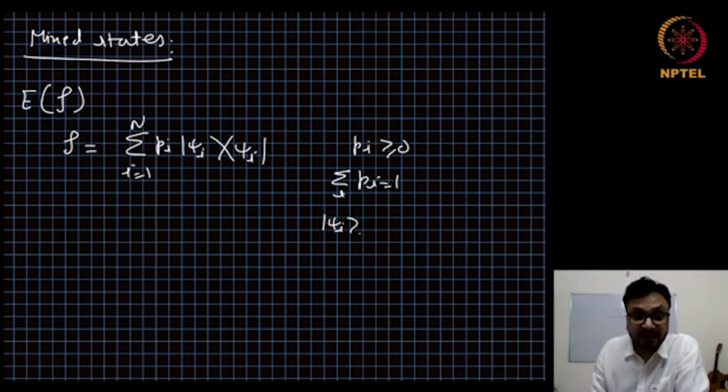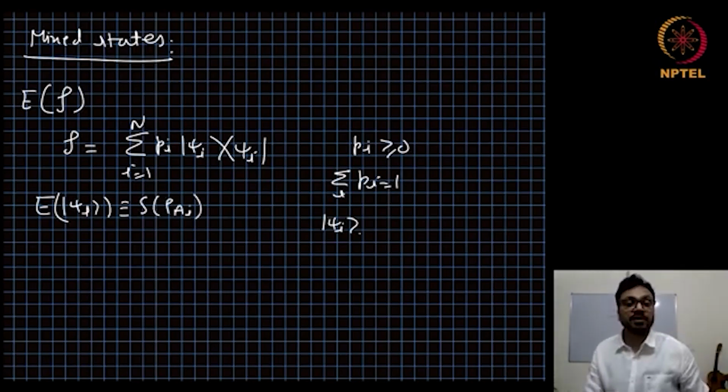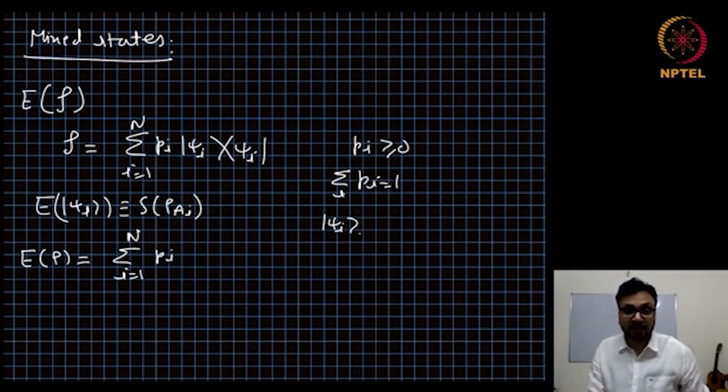Now we know the entanglement measure in a pure state, which is the von Neumann entropy in the reduced density matrix of the corresponding state. Then we can write the entanglement in rho as the sum over I from 1 to n of pi times the entanglement in psi I.